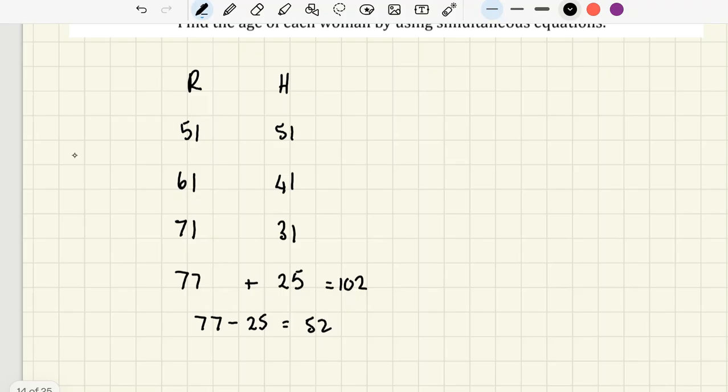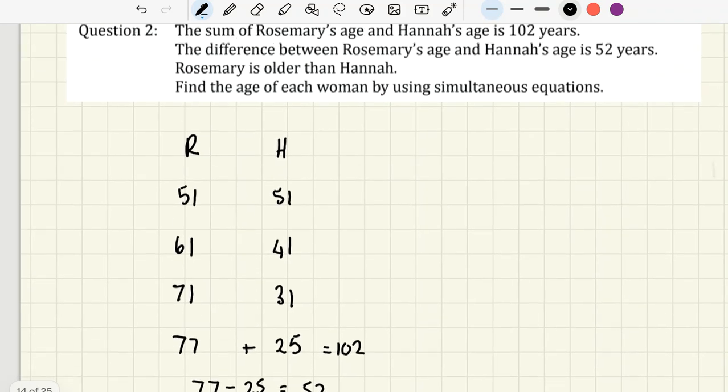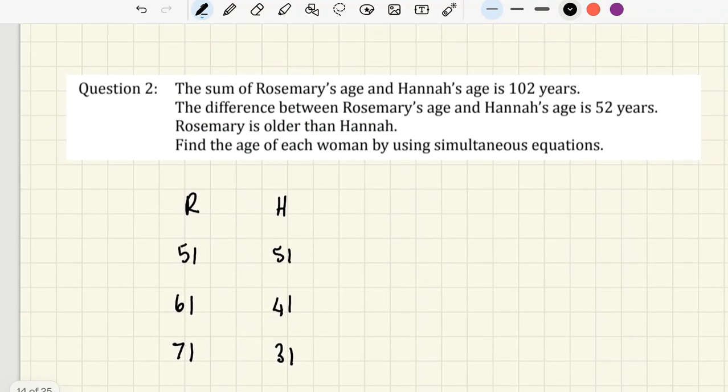However, it does say use simultaneous equations. So I think you've already done this, haven't you? The first equation is to do with the sum being 102. So you would write R plus H equals 102.